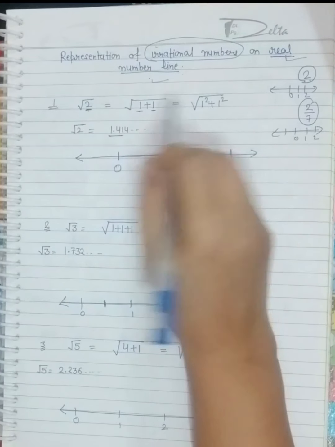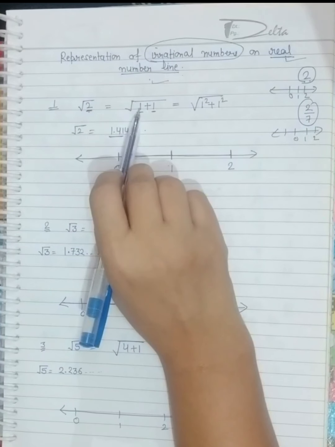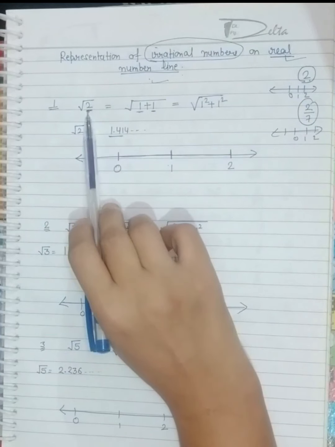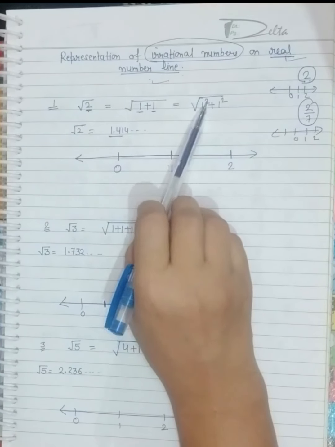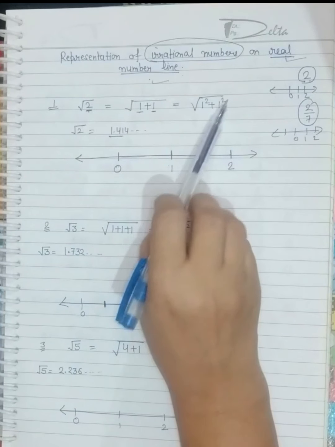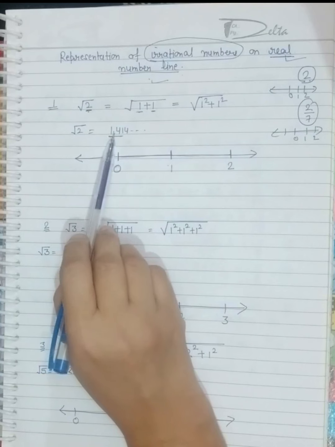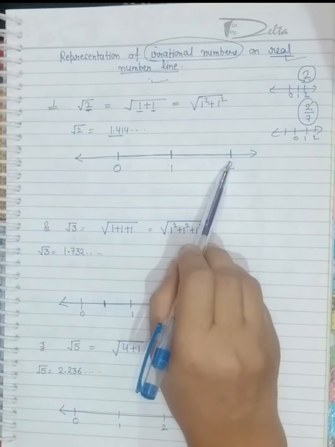Actually, we will split the number into numbers that are perfect squares. Here 2 is 1 plus 1. 1 is a perfect square number, so 1 can be written as 1 square, and again the second 1 square. And we know that the value of root 2 is 1.414. It means it will lie between 1 and 2.